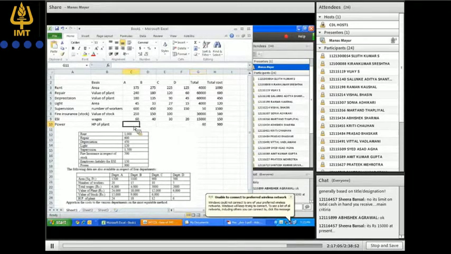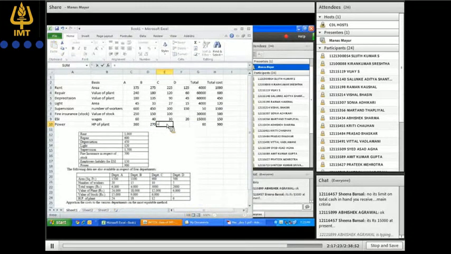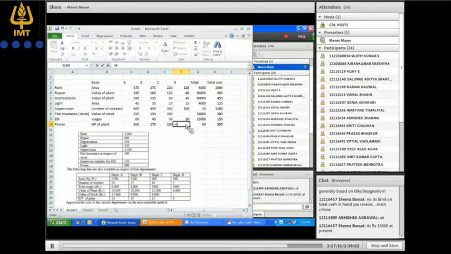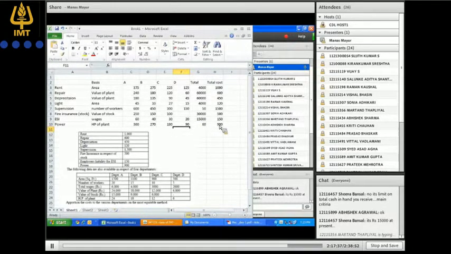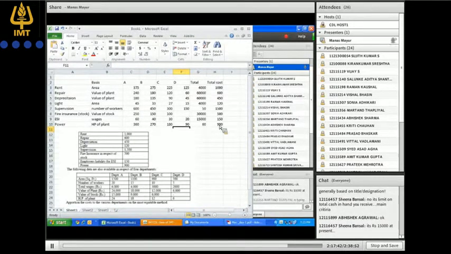So you can distribute this cost now. 24 divided by the total HP multiplied by the total cost. So this is how the costs can be distributed, apportioned, and finally it could be absorbed to the final product.